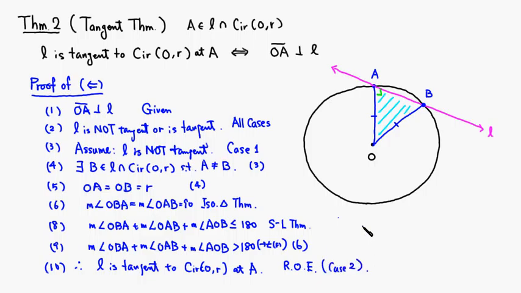So this will establish the if and only if statement up here. If L is tangent, the point of contact always makes a perpendicular; I should say the radius at the point of contact makes 90 degrees with the tangent line there. All right, that's it. I hope that this was clear.